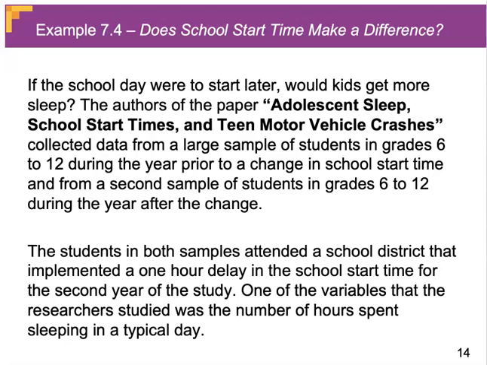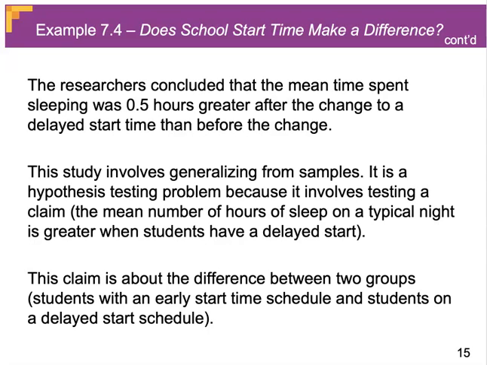One of the things that the researchers wanted to understand was the number of hours spent sleeping in a typical day. They concluded that the mean was 0.5 hours greater after the change to a delayed start than it was before the change. So here we're generalizing from a sample, but it's a hypothesis testing problem because we're testing some claim.